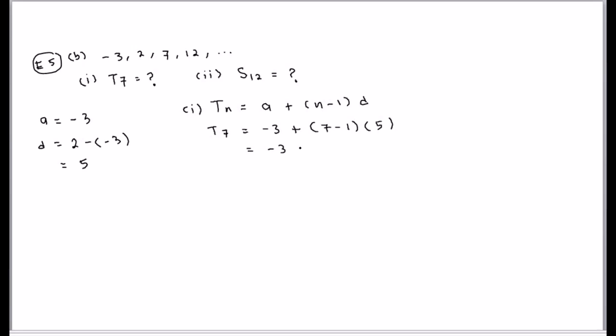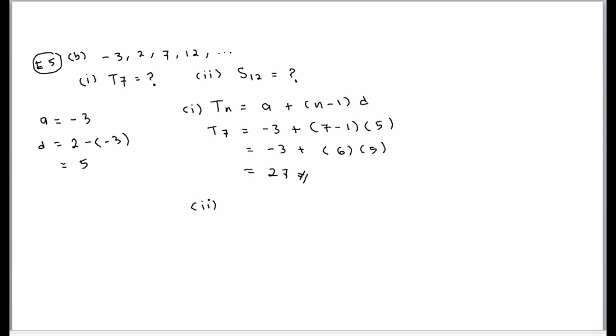So negative 3 plus 7 minus 1 is 6. Okay, straight away use your calculator. Negative 3 plus 6 multiplied by 5. So we get the answer is 27.